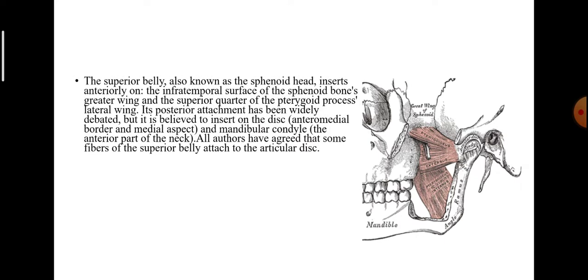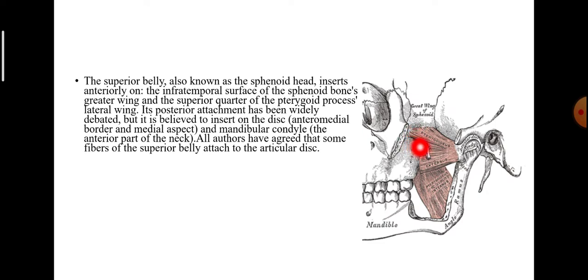The superior belly, also known as the sphenoid head, inserts anteriorly on the infratemporal surface of the greater wing of sphenoid, and the superior quarter of the pterygoid process's lateral wing.